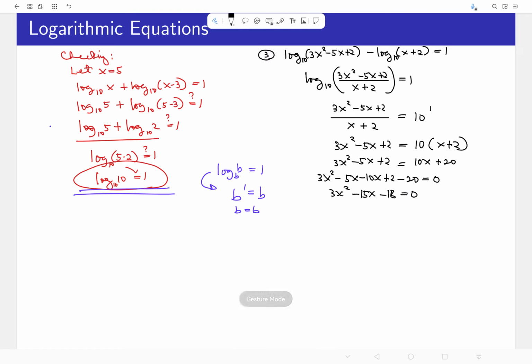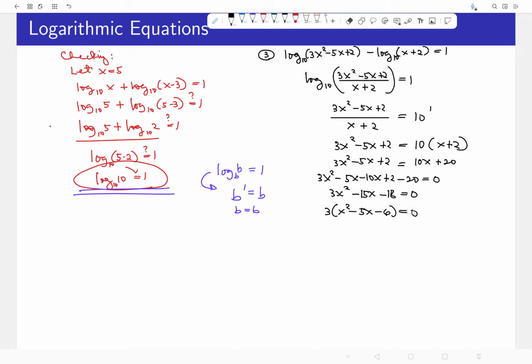We can factor this one out before we solve the quadratic equation to make it simple, and divide by 3. So cancel out. So you're left with x squared minus 5x minus 6 equals 0.